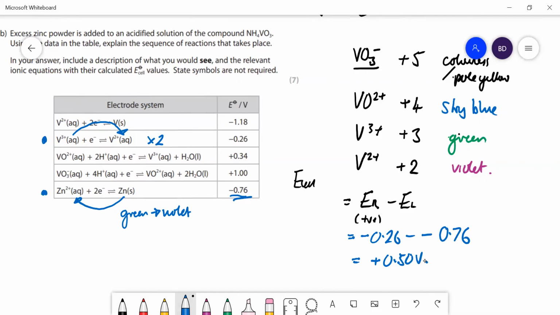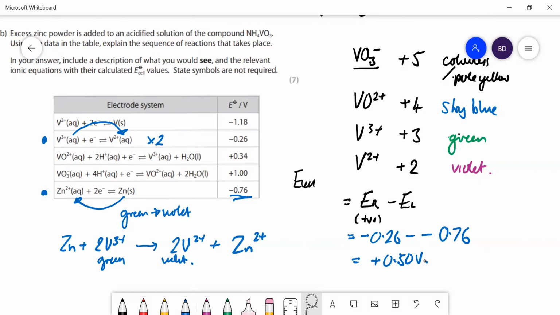So we're going to have Zn plus 2V3 plus goes to 2V2 plus and Zn 2 plus. So we're going to see the green solution go violet here. Now let's see if anything else will happen. So let's clear this.